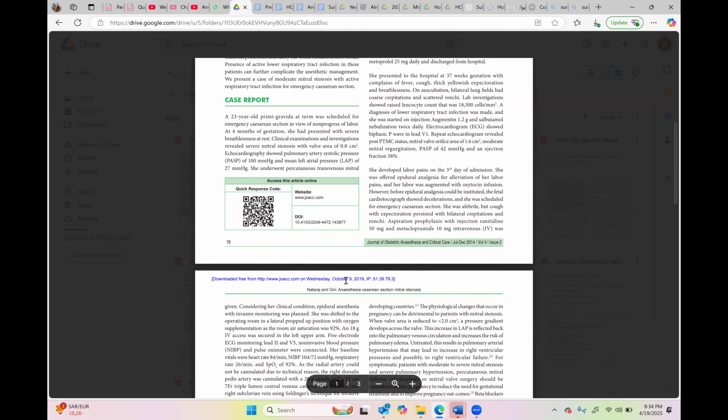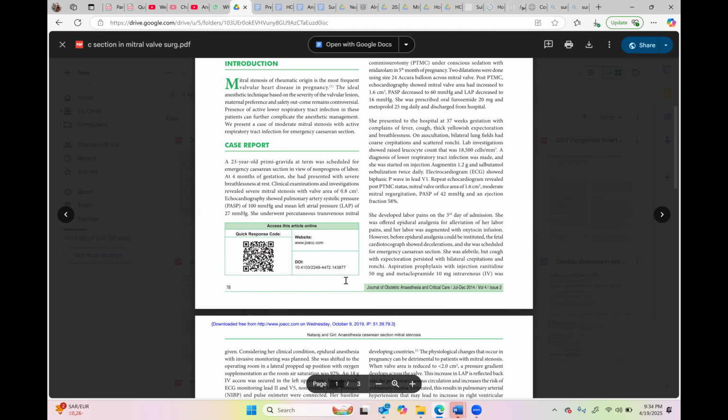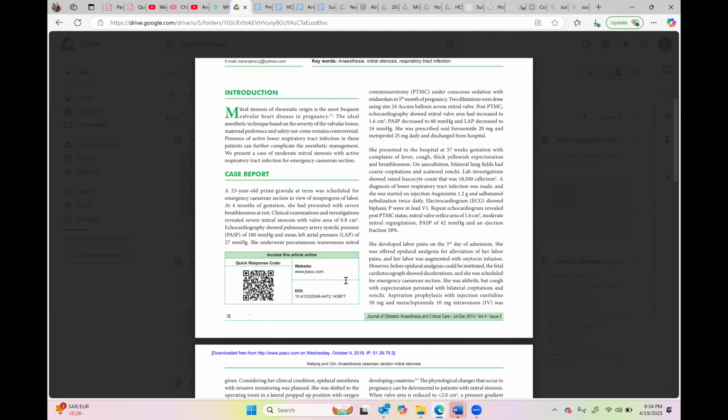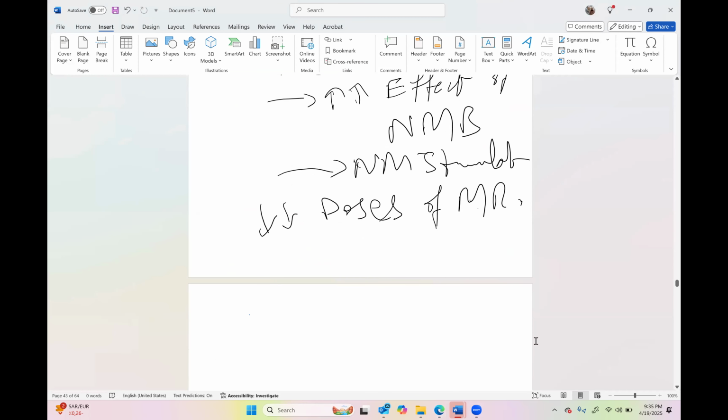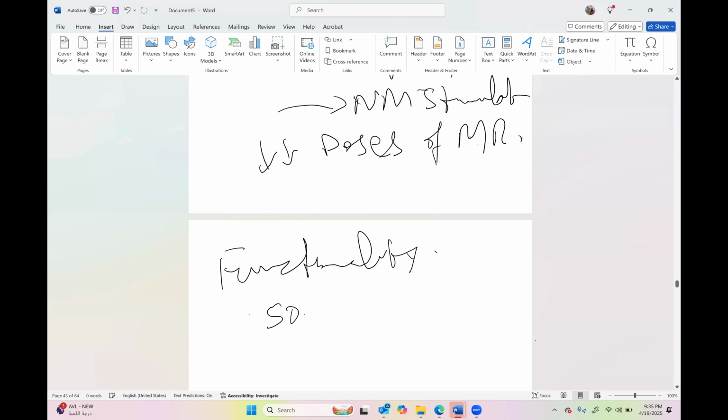So how will you assess the severity of mitral stenosis? From the functionality of the patient during pregnancy: shortness of breath, easy fatigability, edema, orthopnea.